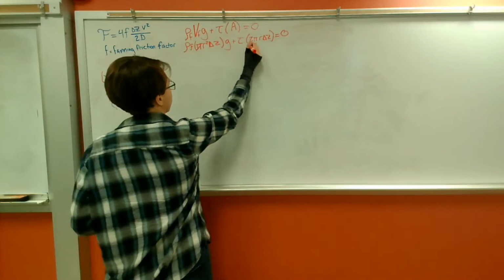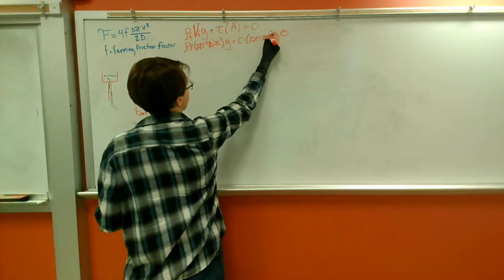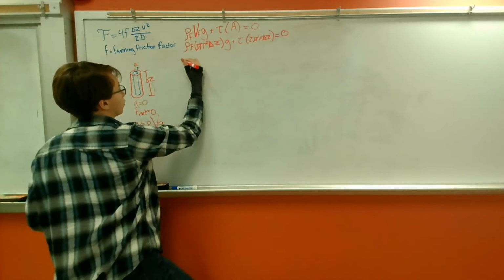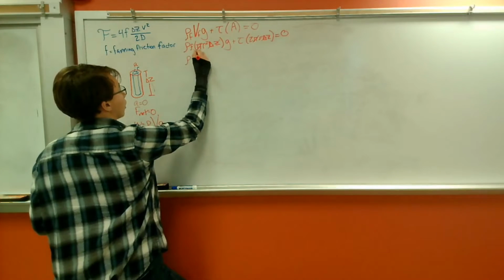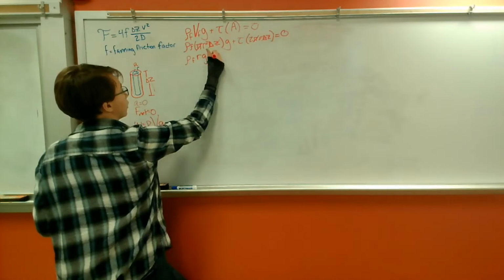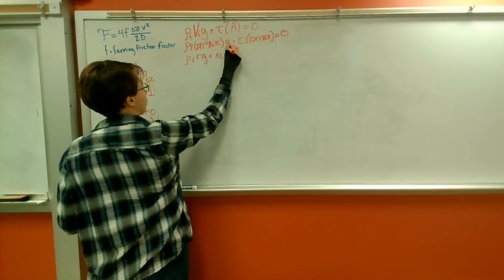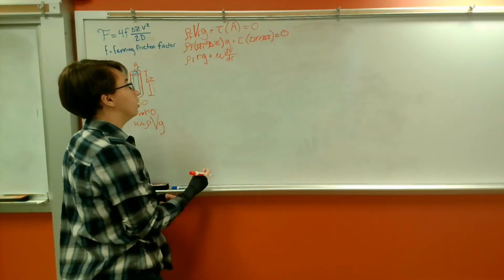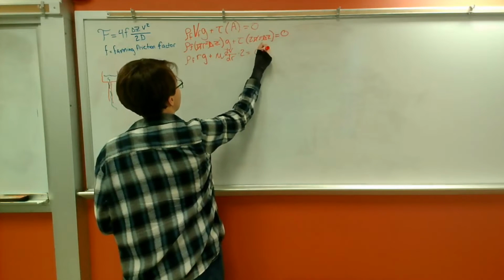So pi is going to cancel, and then delta z will cancel, and then one of these r's is going to cancel. All right. So we have density of the fluid times r times g plus, and then for this we're going to have mu times change in velocity over the change in radius times 2 is equal to 0.